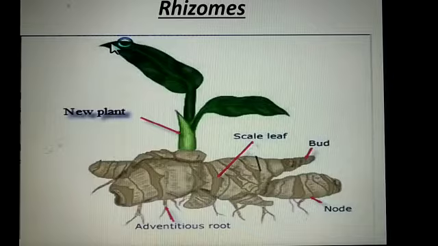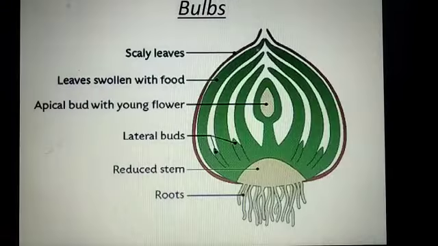Rhizomes are unique in that they grow perpendicular, permitting new shoots to grow up out of the ground. When separated, each piece of a rhizome is capable of producing a new plant. And what is the example of rhizome? Ginger.